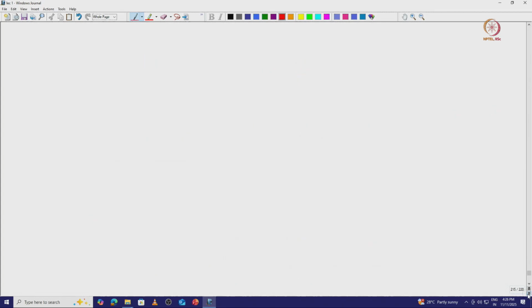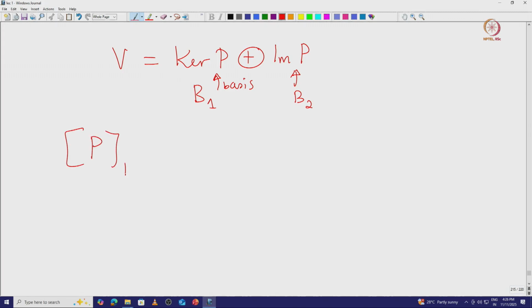Now, how does the matrix of P look with respect to this decomposition? V is nothing but kernel P direct sum image P, which is exactly W. Now, we can fix a basis B1 of the kernel, and then fix another basis B2 of the image P. Then if you look at the map P with respect to the basis B, obtained by putting together the bases B1 and B2, on the kernel it acts as 0.